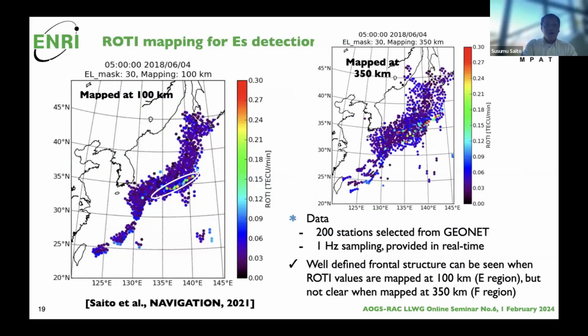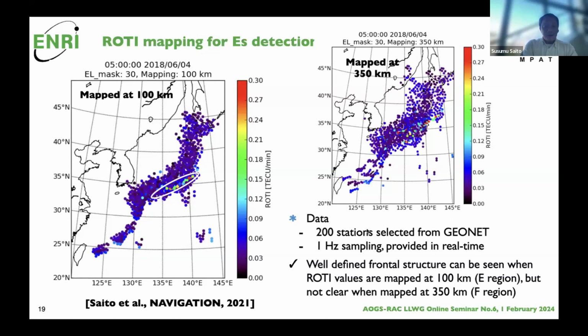The LOTI can also be used to detect sporadic E-layer. These two figures compare the LOTI map mapped at different ionospheric heights.